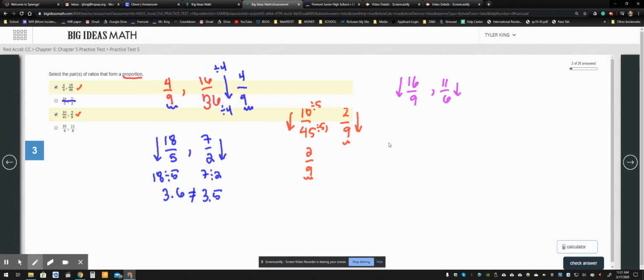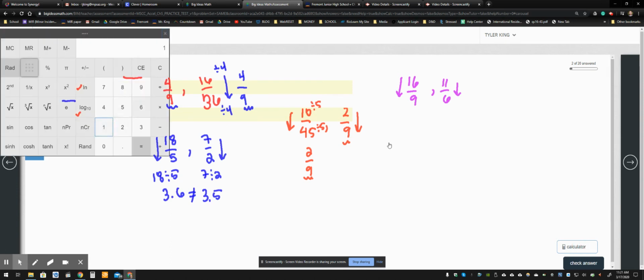We can check our work by checking the division, and because these are ugly divisors, we're going to end up with repeating decimals, so it's probably easier to use our calculator at this point. 16 divided by 9 is going to be equal to 1.7 repeating.